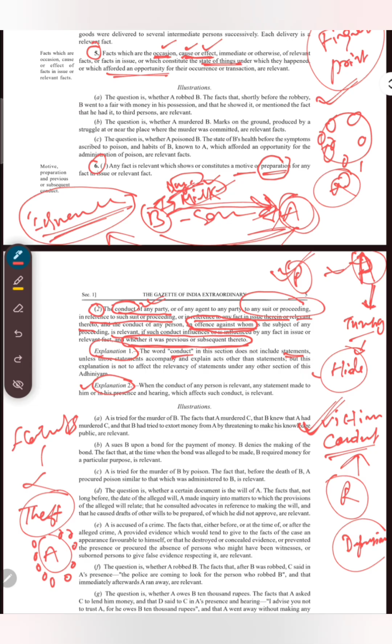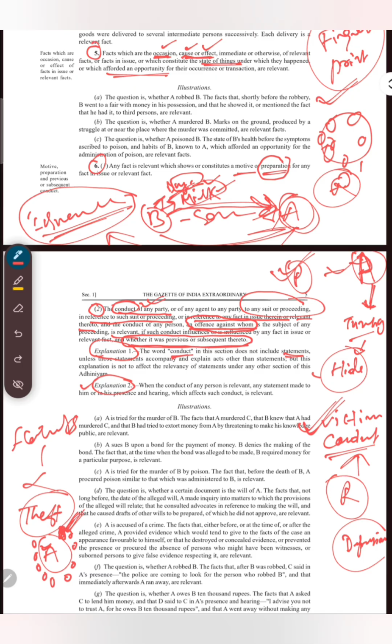Now in that case, A suddenly shouts, "Police is coming." He shouts in a very loud manner. Suddenly, this person started running after hearing the name of the police. Then in that case, the conduct of his running is relevant to show that this person might have actually committed the theft.